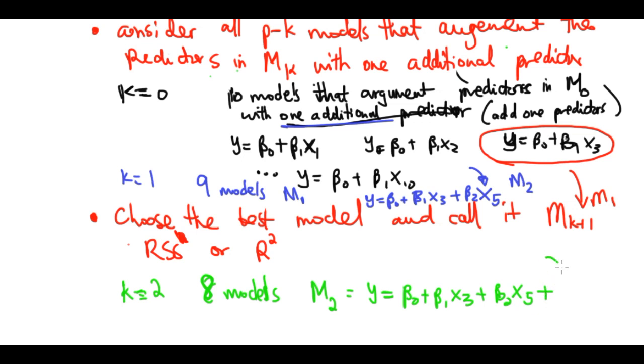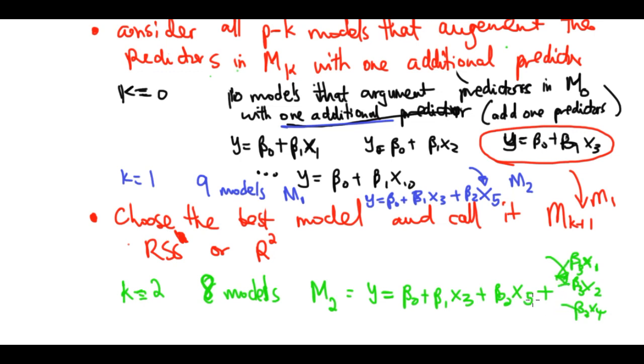One model we have plus beta 3 x1, another will be beta 3 x2, another beta 3 x4, or whatever it is.